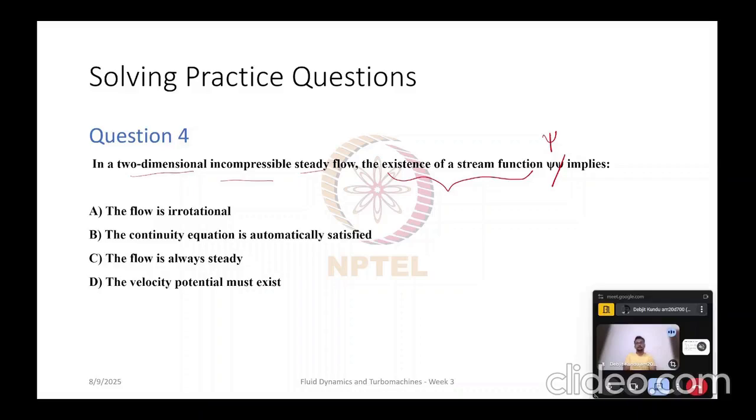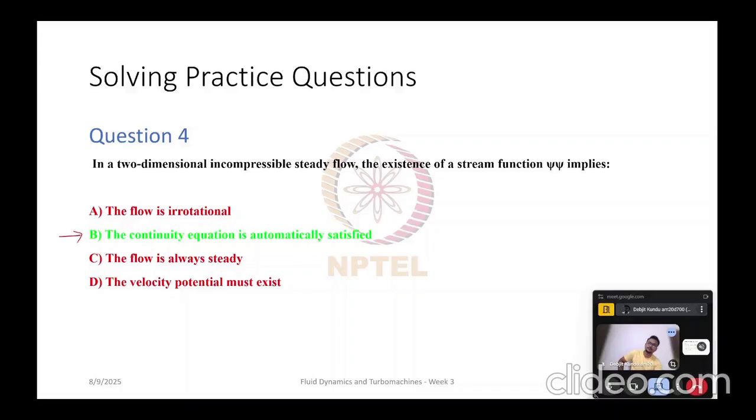Alright, so let's take a quick look at the solution. It's actually option B, that the continuity equation is automatically satisfied. So let's go through the other options and see why they're wrong.